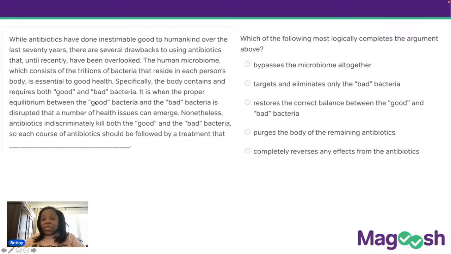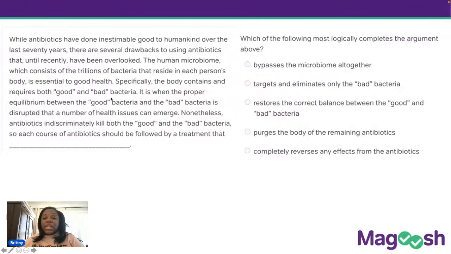The problem is, what does our passage say? It says that the good and the bad are essential to the body, right here, right? The body contains and requires both good and bad bacteria. So if we just eliminate the bad, then that doesn't really address what our passage tells us.